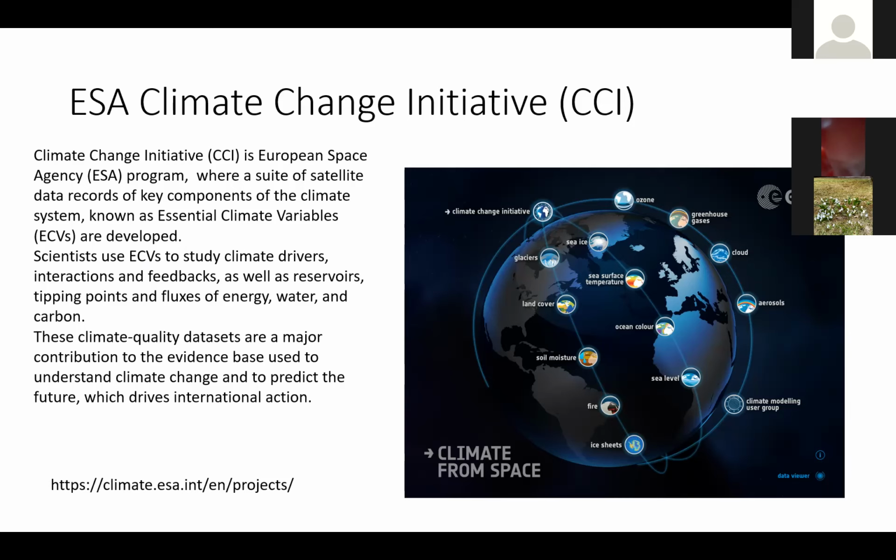The ESA CCI initiative is the program where satellite data records are considered as the key components in the climate system.